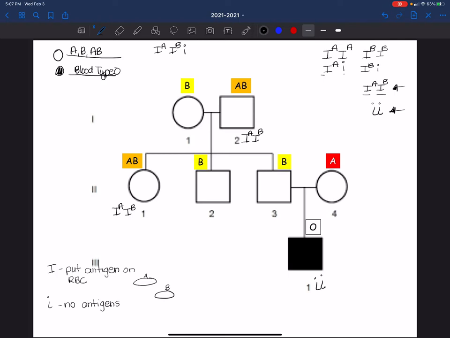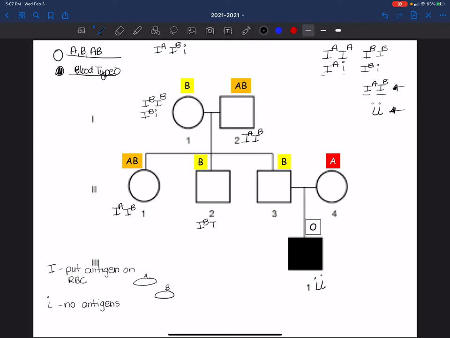Okay? And just like in the other traits that we did, I'm going to put both possibilities for the blood types that are left. So generation 1, person 1 could be homozygous B, or they could be heterozygous B. Person 2 and 3, same thing.